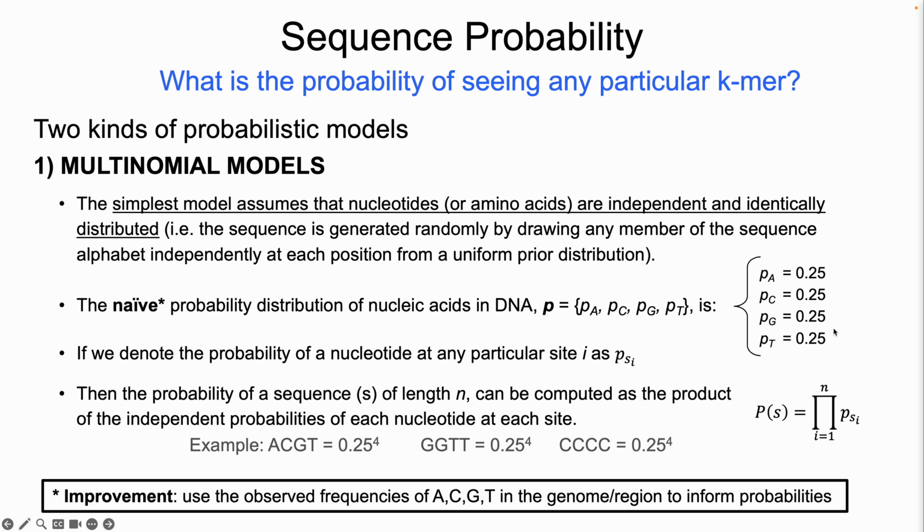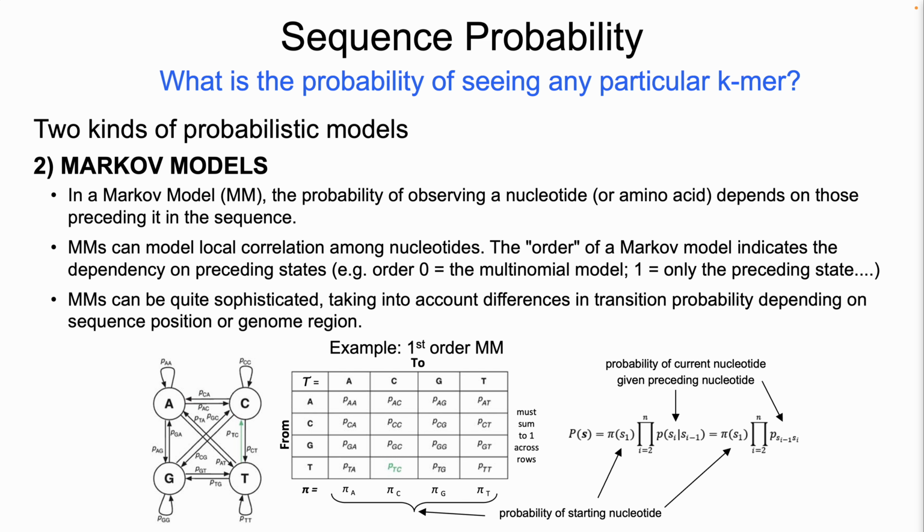So that's multinomial models. The other main class of models are Markov models, and these can get really sophisticated. The idea behind them is that you want to model the probability of getting this pattern of DNA based on the general pattern in the vicinity of that DNA. So this is like a first order Markov model, where by first order, it asks, does it matter what the preceding nucleotide was?